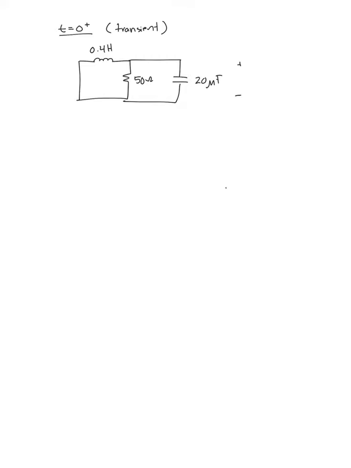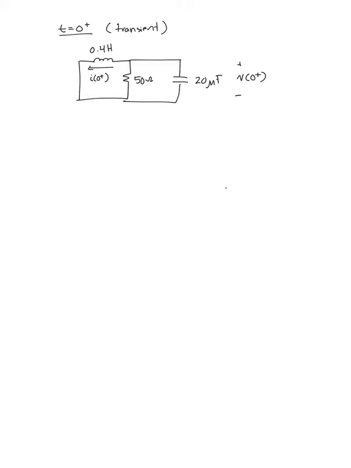At time 0 plus, the voltage across that capacitor is V0 plus, which we know. The current through this inductor is I0 plus, which we know. What we do not know are the first derivative terms.